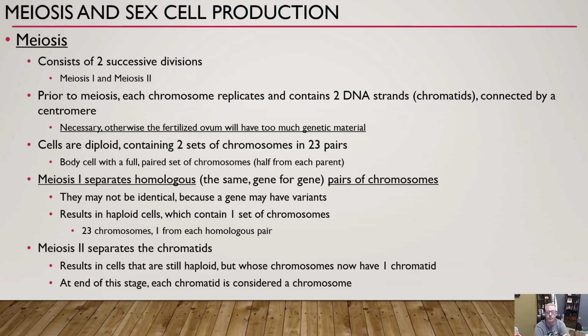But when we do separate out those chromosomes, remember, we have a diploid cell because we've replicated, and we have two sets of chromosomes. After meiosis 1, we're going to take two sets of chromosomes and separate that cell into one set of chromosomes. So we're going to take a diploid cell and make a haploid cell.